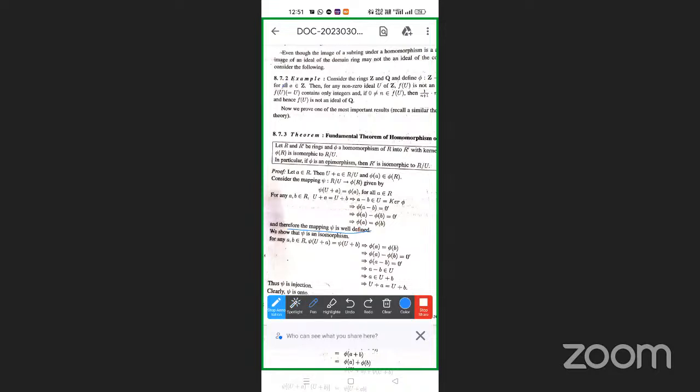Like x equals y, we have to show f of x equals f of y. So U plus a equals U plus b implies pi of a equals pi of b, that is f of a equals f of b. So this is a well-defined function.